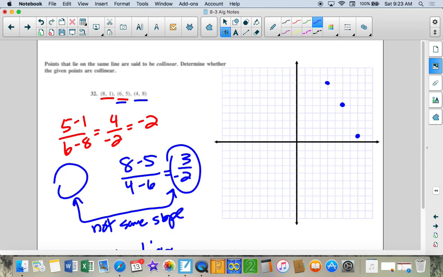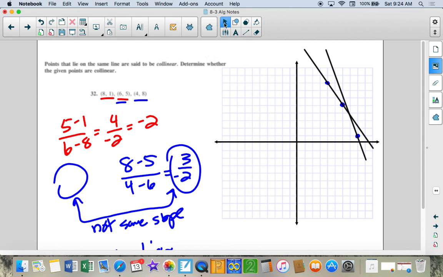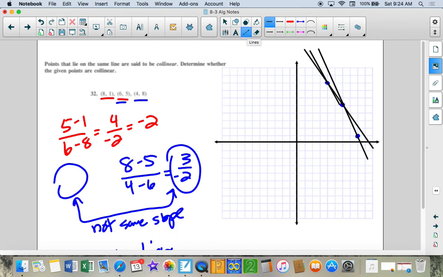Wow, that looks really close, but look at that. If we take a line and try to connect them, I can connect those 2. Notice that point. I can try to connect those 2, and notice the third point is not on it, and then I can connect these 2, and notice that point is not connected. Oh, I didn't mean to do that.